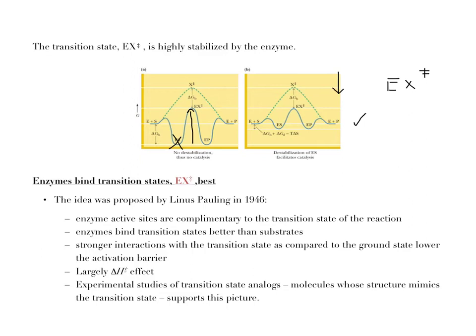So by lowering the energy of the EX complex and making the energy of the enzyme-substrate complex as large as possible, we make this activation energy as small as possible, enhancing the rate of catalysis.